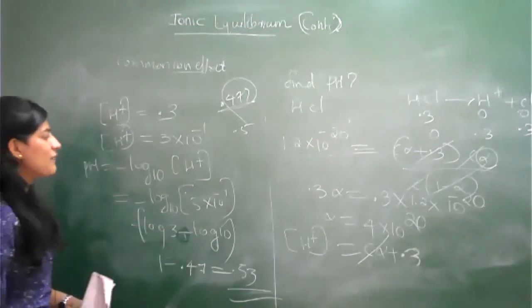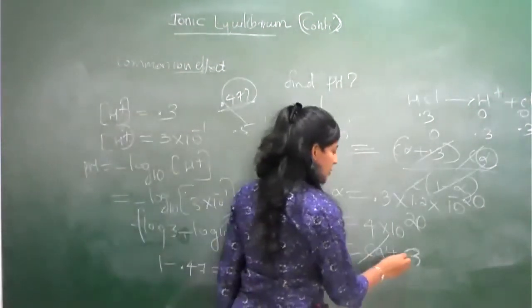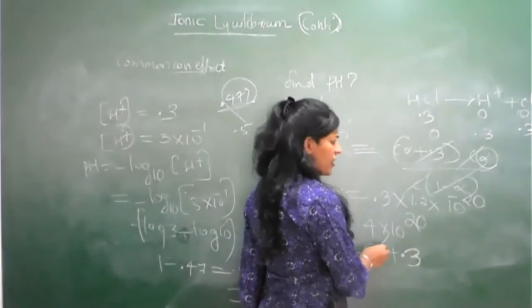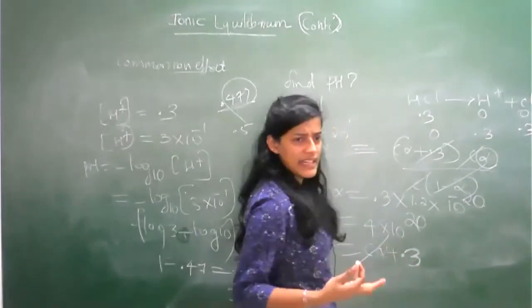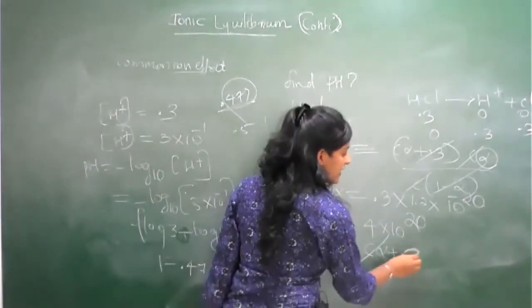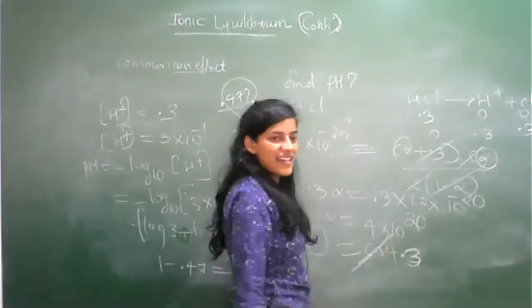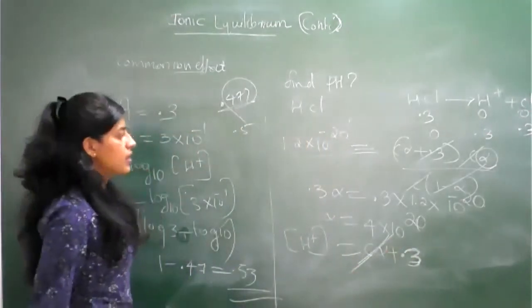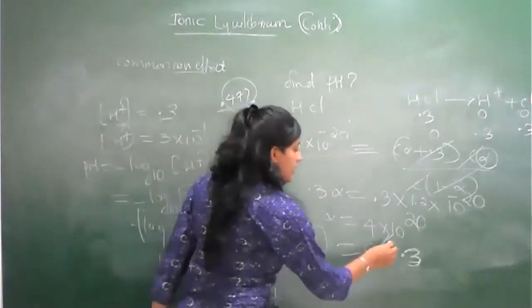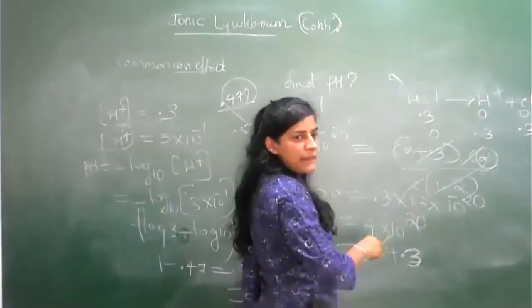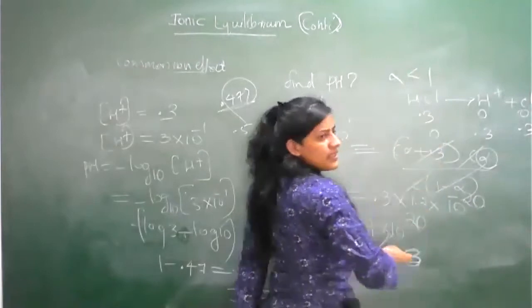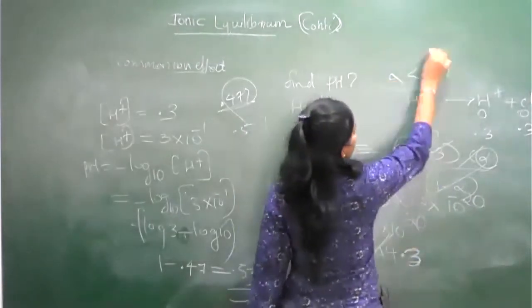So C alpha you can easily cancel out if you want to compare. Alpha term is 0.00 like that only. Here 0.3, so we can easily neglect. But this is the thing because alpha value must be less than 1. This is the concept, less than 1.